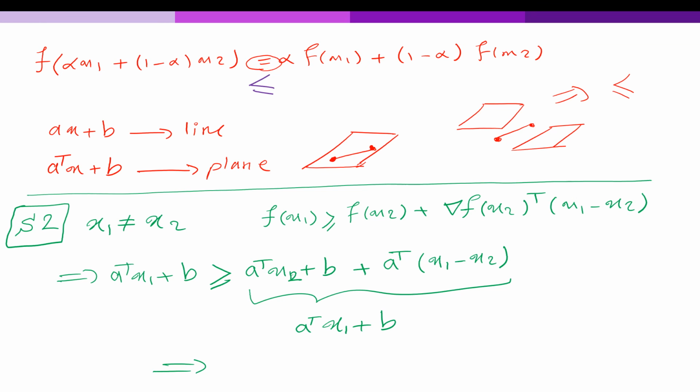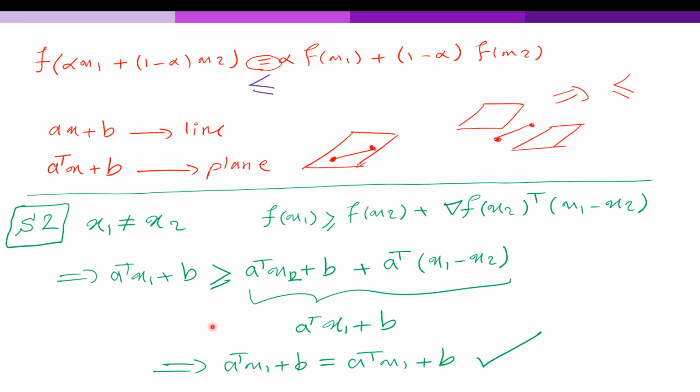So yes, a transpose x1 plus b is equal to a transpose x1 plus b. Therefore, this function is convex. Again, we reached the equality sign because of the definition that I provided here.